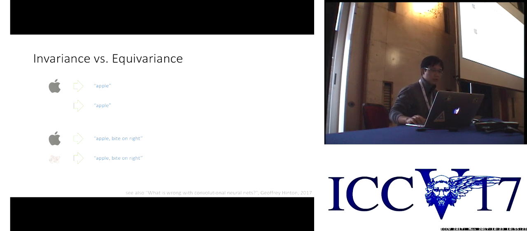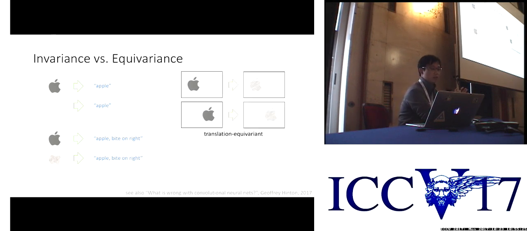Then what is equivariance? Equivariance means if you change the input by some transformation, then your output will be changed by more or less the same amount of transformation. For example, in the problem of semantic or instance segmentation, if you translate your object by some offset, you will also like to translate your output mask by the same amount of shift.